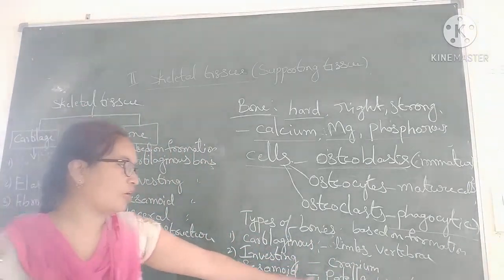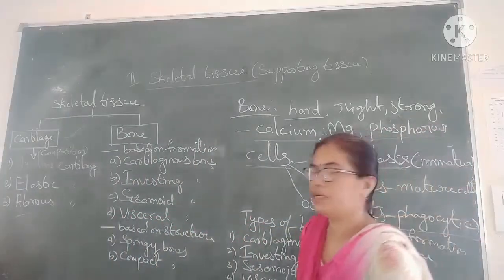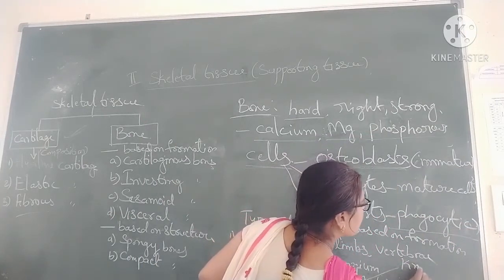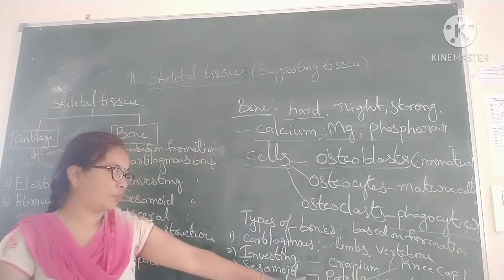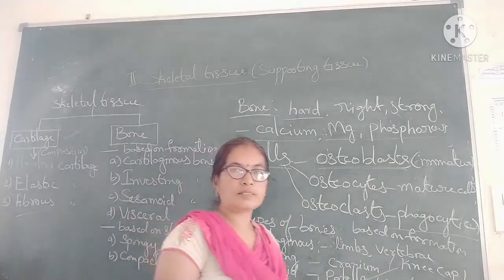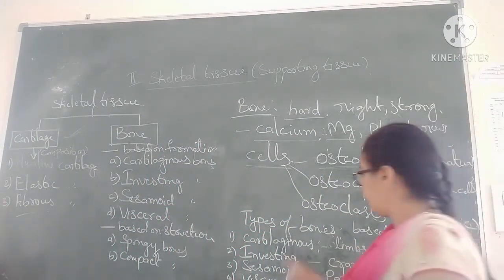Sesamoid bone is the patella, the kneecap, and the wrist. Visceral bone is found in ruminants, where the heart is covered with visceral bone.